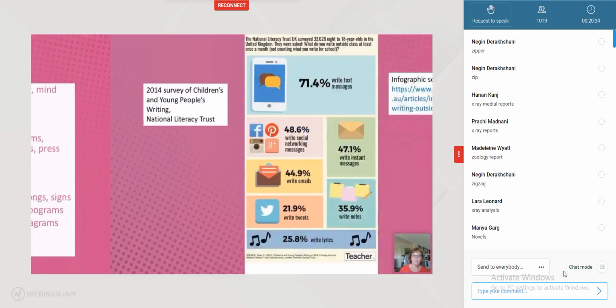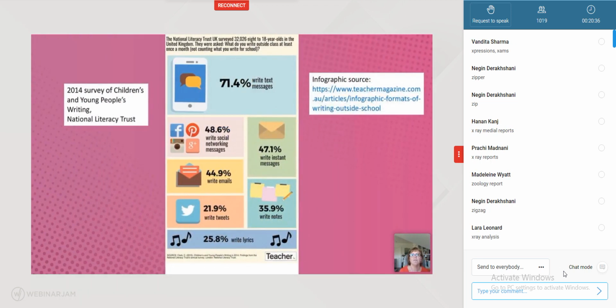Okay, so let me show you some figures now, just to put this back into context. This infographic that you can see in the middle of the screen was created by a teacher's newsletter in Australia, and it basically shows the results of a survey carried out in 2014 in the United Kingdom.